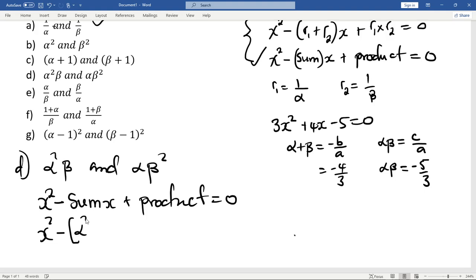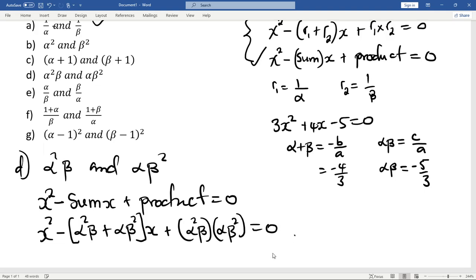So we have alpha squared beta plus alpha beta squared. We close. We have x here plus the product, we're going to say alpha squared beta multiplied by alpha beta squared equal to 0.